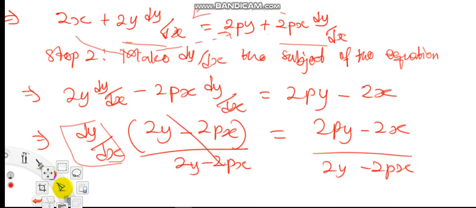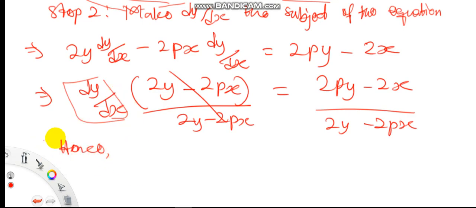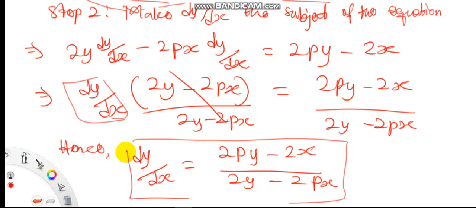Hence dy/dx is equal to, because we've cancelled this out, 2py minus 2x all over 2y minus 2px. So this, my friend, is our derivative by differentiating implicitly.